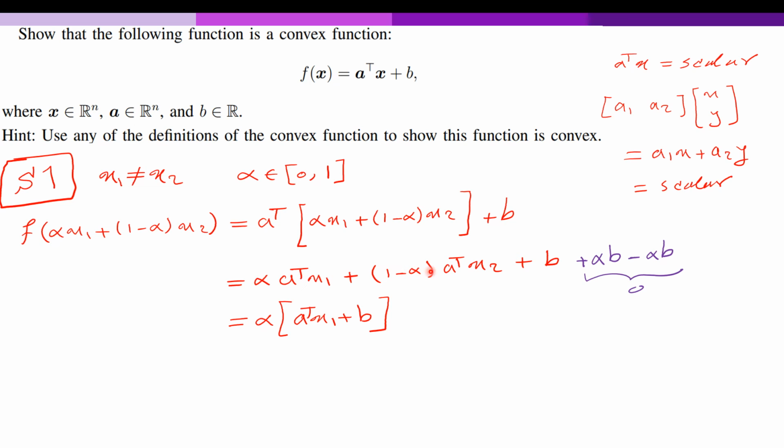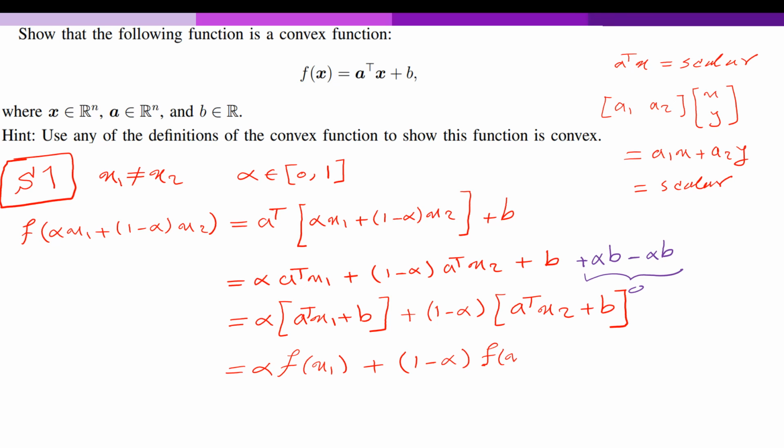We have 1 minus alpha multiplied by a transpose x2, so we can factor that out, plus 1 minus alpha (a transpose x2 plus b), and this one is f of x1 and this one is f of x2. So it is alpha f of x1 plus 1 minus alpha f of x2.